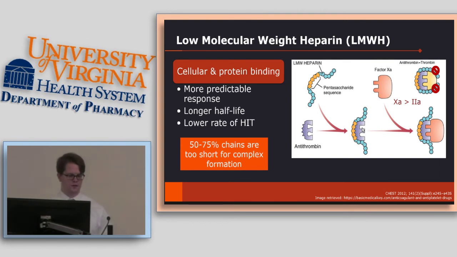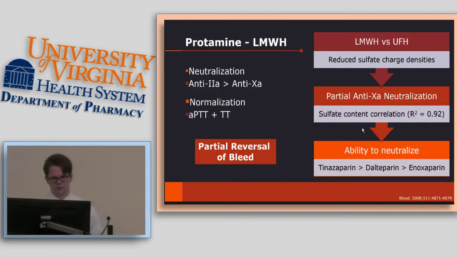And then because it also interacts less with cells, there's less reliance upon that saturable pathway, leading to greater renal clearance, which gives us longer half-lives and twice-a-day administration. So with neutralizing low molecular weight heparins, we see a reduced effect compared to unfractionated heparin.